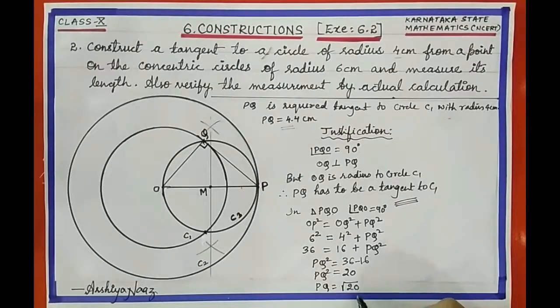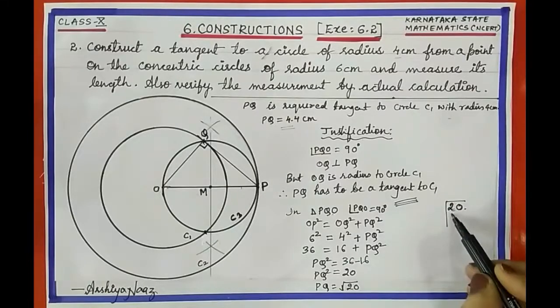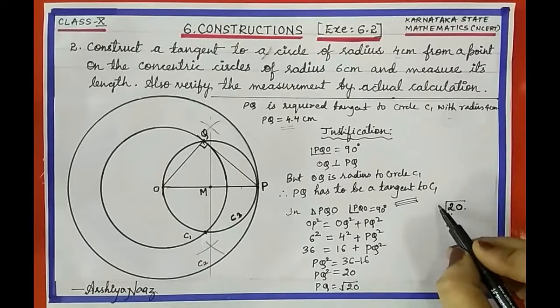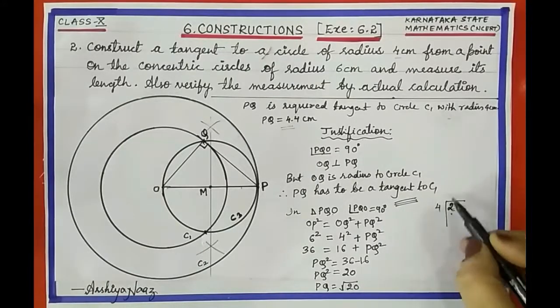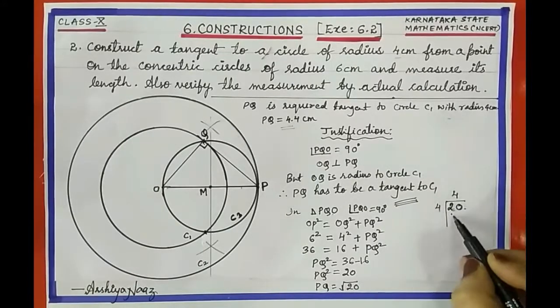Now dear students, how do we find the square root of 20? So now you have to recall the method of finding the square root, that is the division method. So let us now find the square root of 20 by the division method. Here we can take the number 4. 4 into 4 is 16.